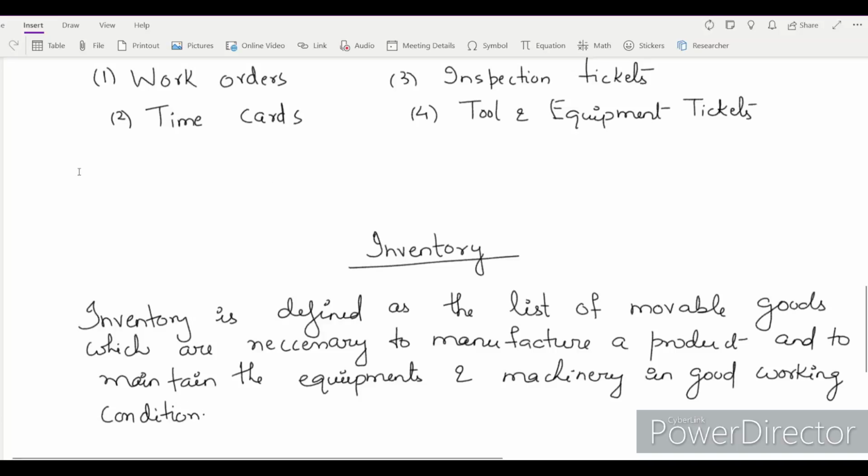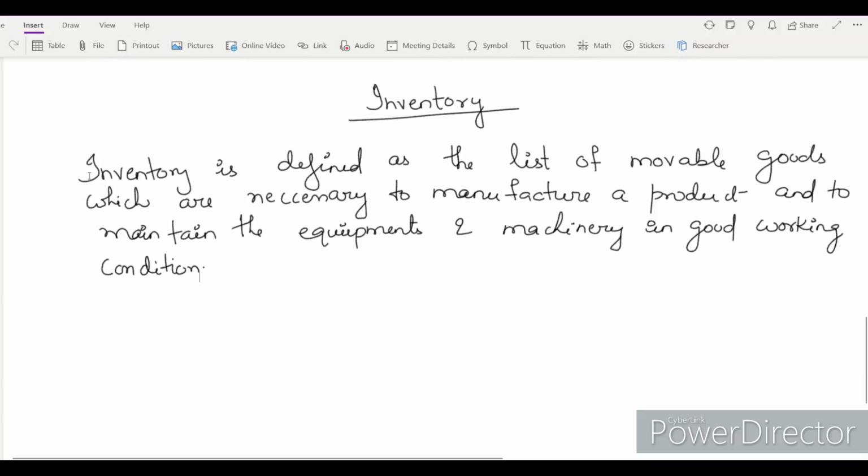Then again, inventory is divided into direct inventory and indirect inventory.